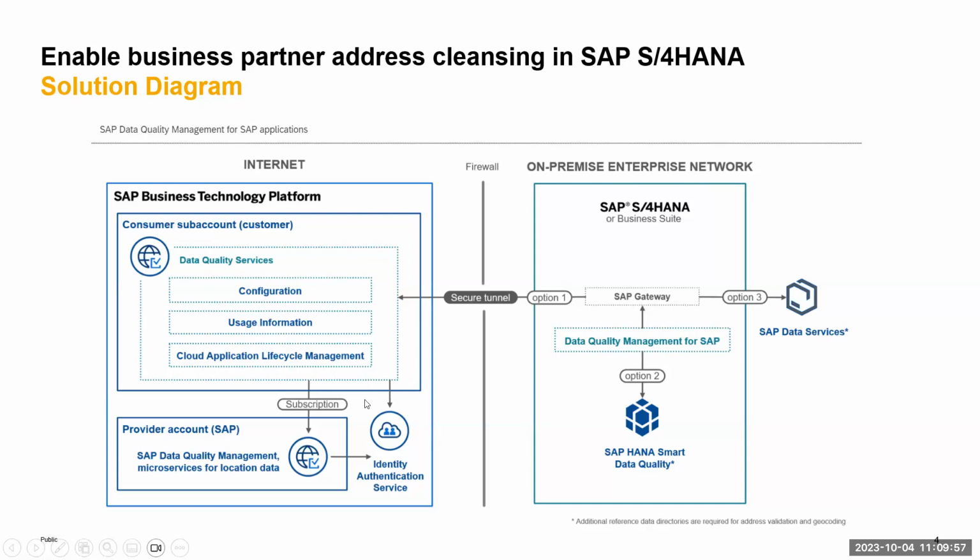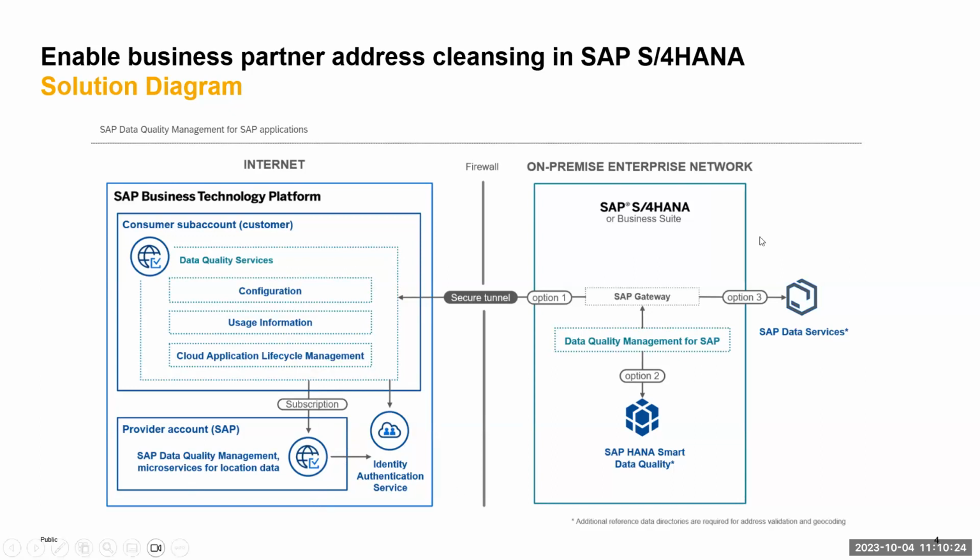This is a subscription to the provider account. The data quality services is a shared service, offered in the product provider account, and the authentication is also provided and supported by the Identity Authentication service on the SAP Business Technology Platform.